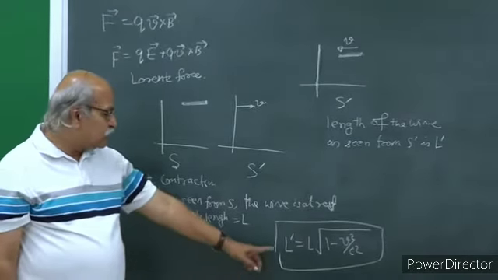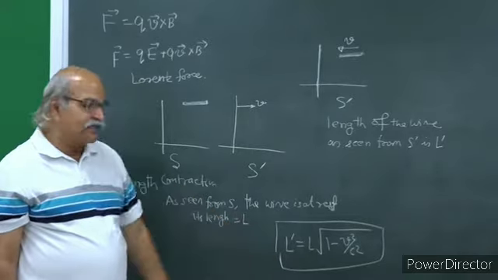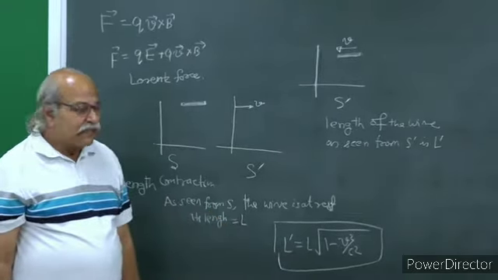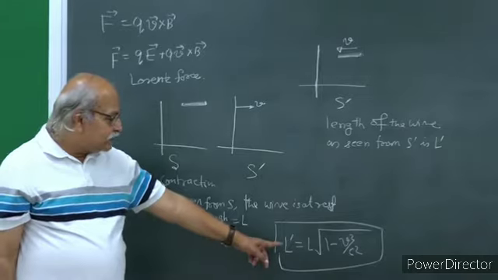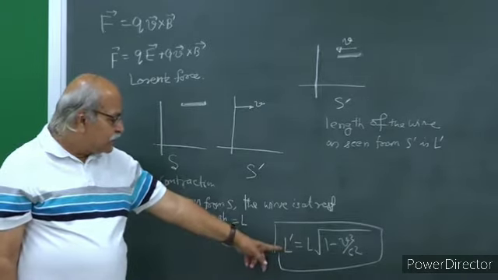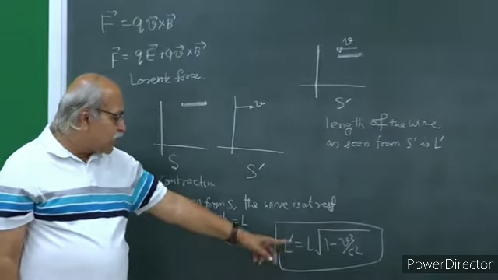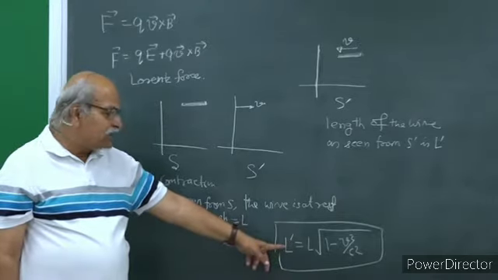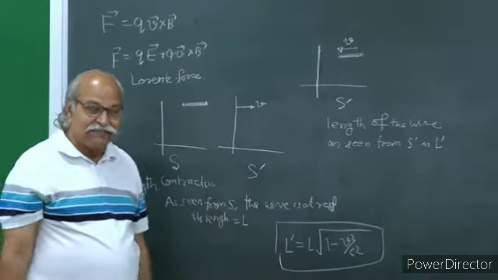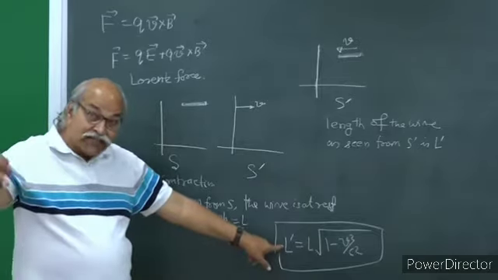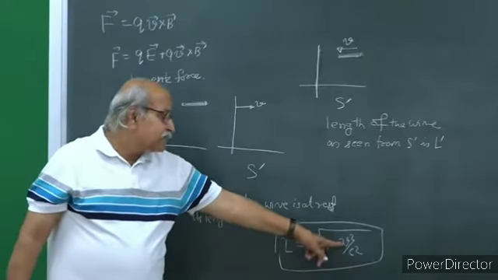So, make sure you understand what is L prime and what is L. L prime is the length measured when the rod, the wire, that length, the separation, whatever distance you are measuring, is moving with respect to you with a velocity v.